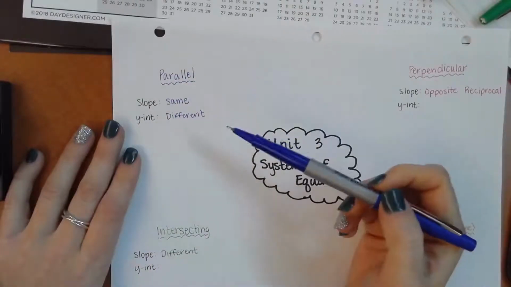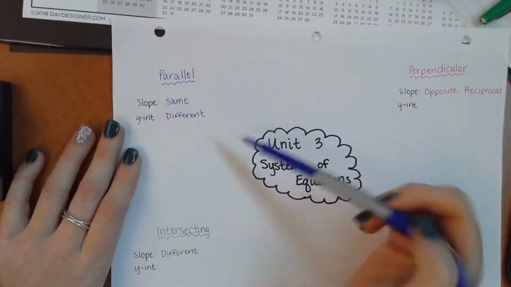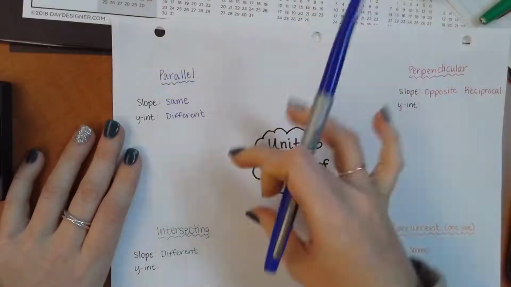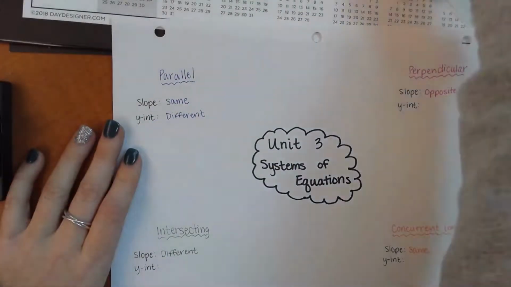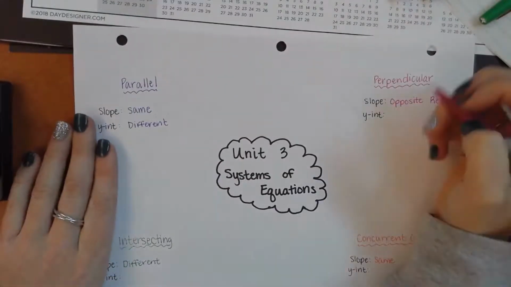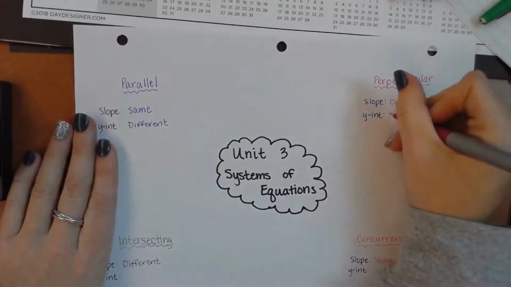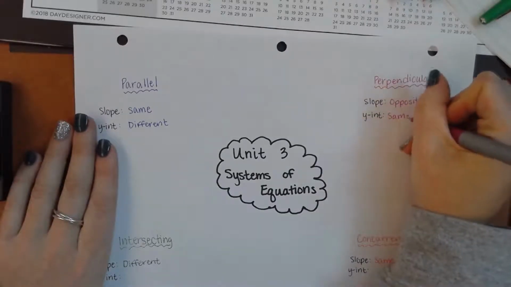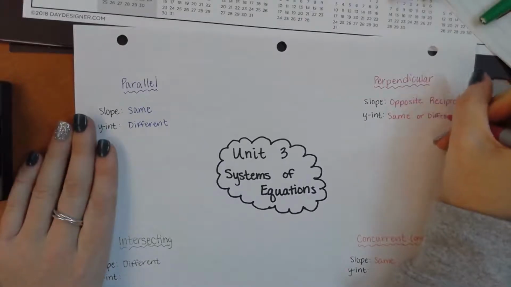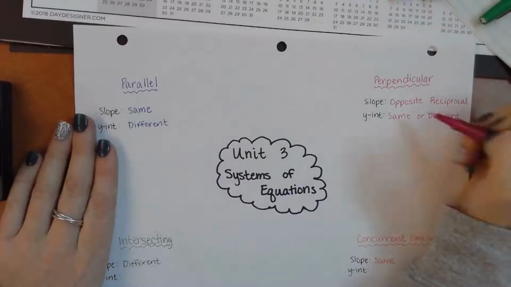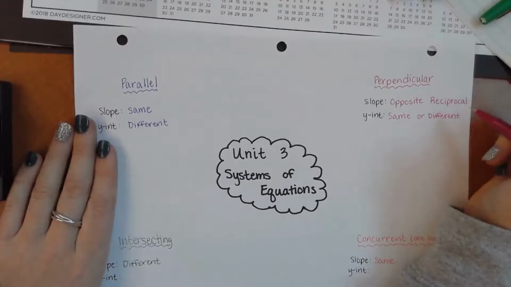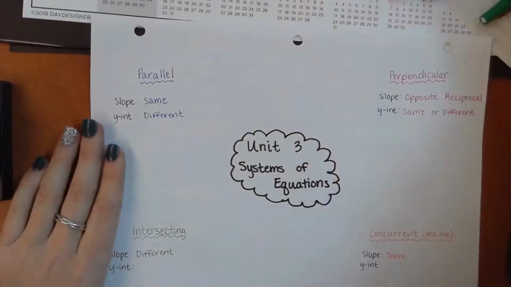So they will look the same going upwards, but they'll start at different spots. Then for perpendicular, they can either be the same or different. It doesn't really matter for perpendicular because your slope is going to be the opposite reciprocal. So that's what's going to make them different. Make them look different at least.